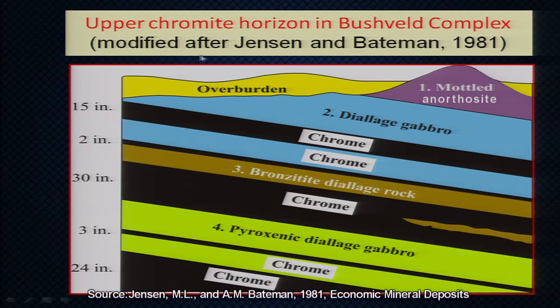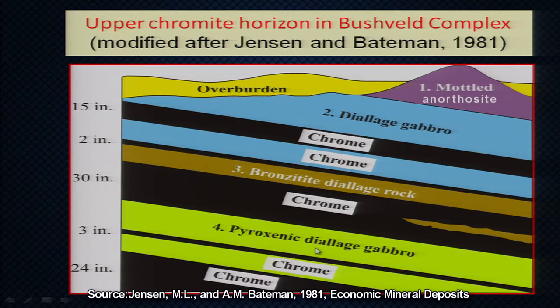Now, the upper chromite horizon in the Bushveld complex, if you see carefully, you may find the bottommost black colored chromite layer here. It is followed by chrome. Then it is followed by green colored pyroxenitic diallage gabbro.